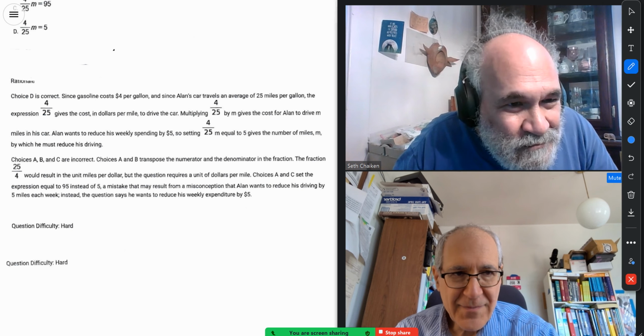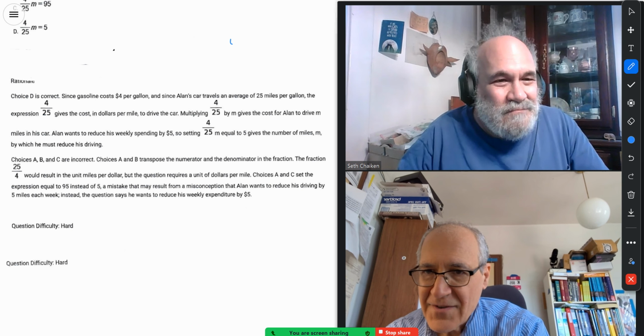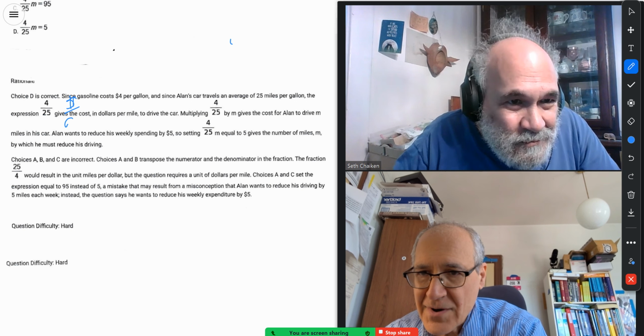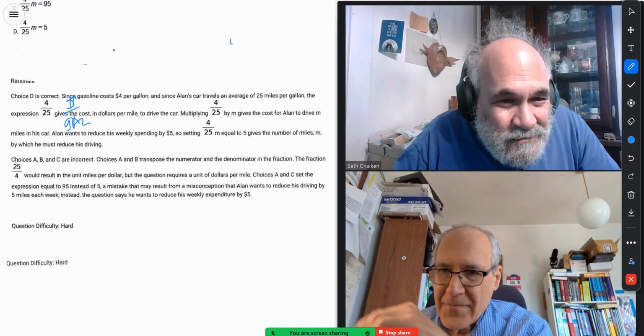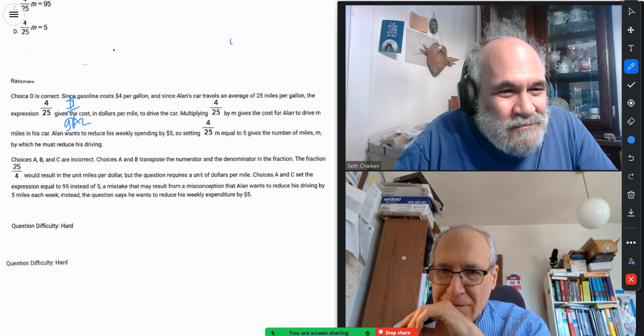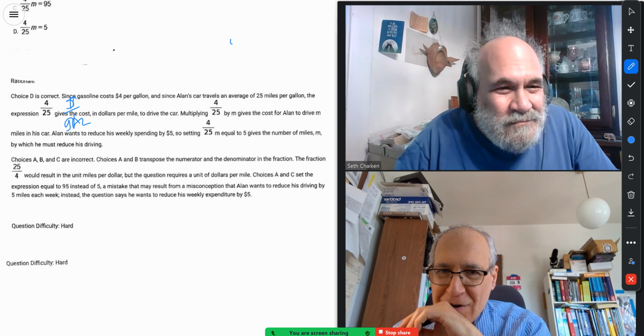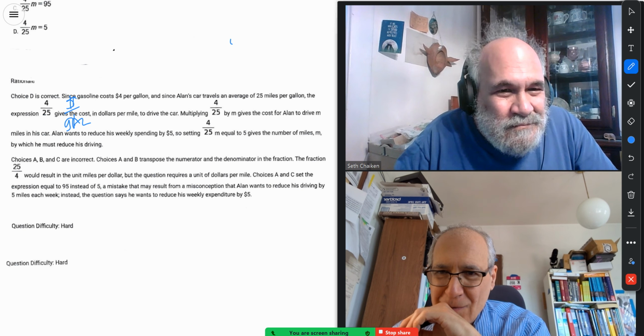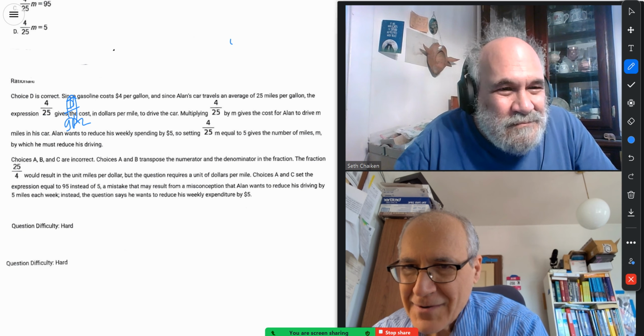Okay, so let's do a little bit of annotating. So this is dollars per gallon to drive the car. Multiplying 4/25 by m miles. Wait, that's wrong. It's dollars per mile.